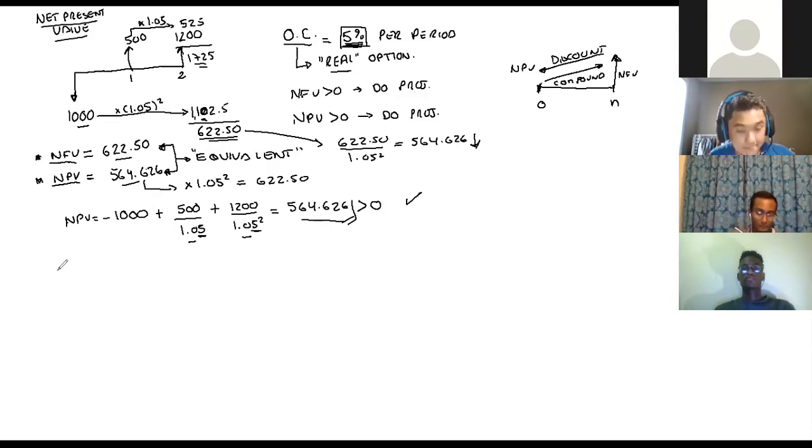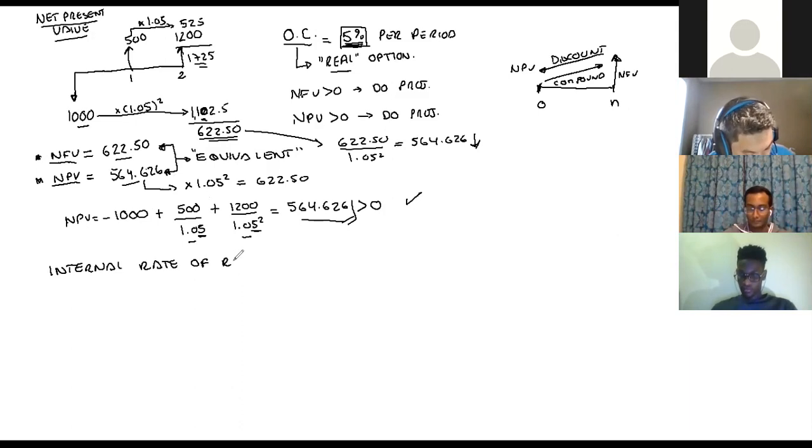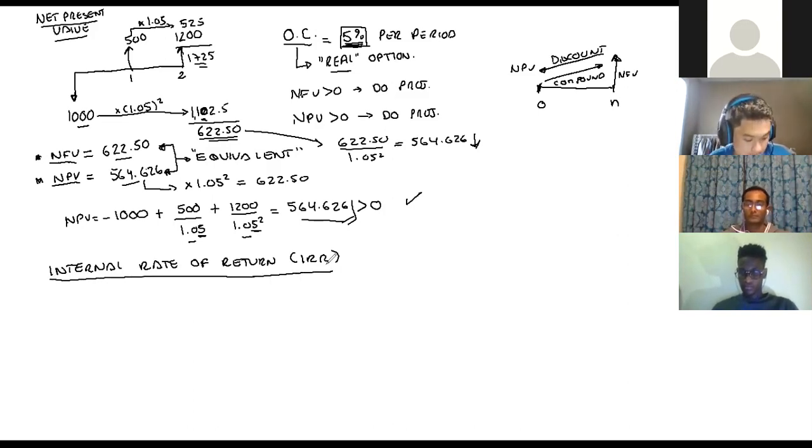Now, there is another tool that we can use just to make the same decision. It's called the internal rate of return. So this is the famous internal rate of return. So what is the internal rate of return?